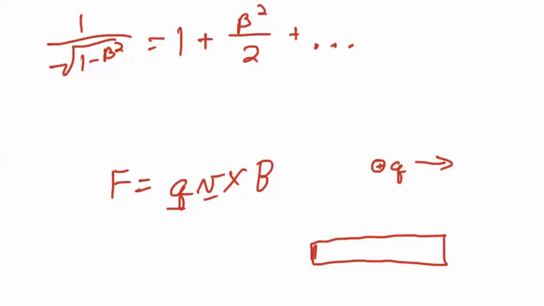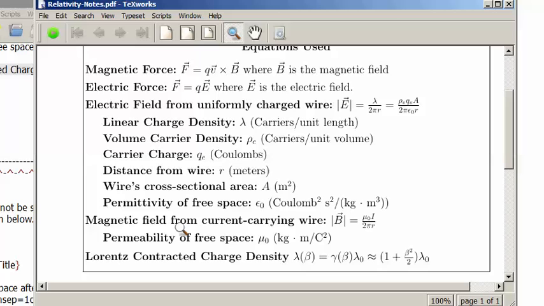So if I imagine a charge q going at velocity v, you can think of the wire consisting of several positive charge carriers and then the individual electrons going at a velocity of v, and the current is going this way. But that's not the convention we want to set up. We want to keep in mind that the magnetic field is mu sub naught I over 2 pi r.